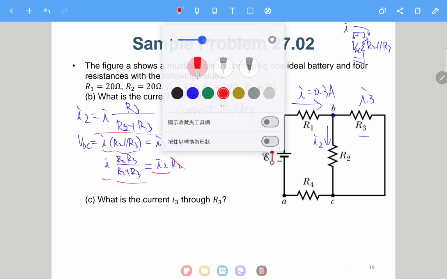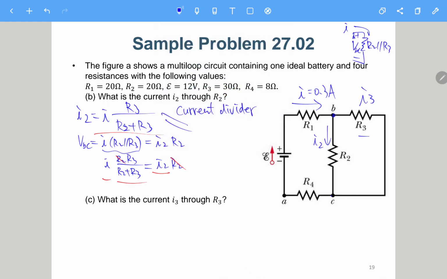Then we can substitute the numbers here: I is 0.3, times R3 which is 30 over R2 which is 20 plus 30. That is 3 over 5.